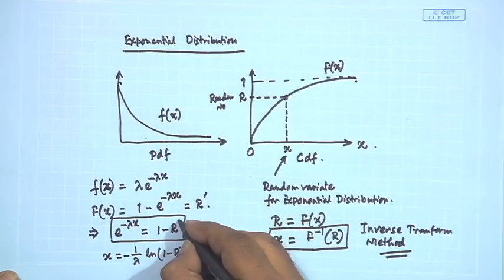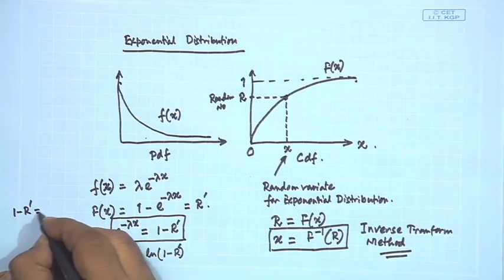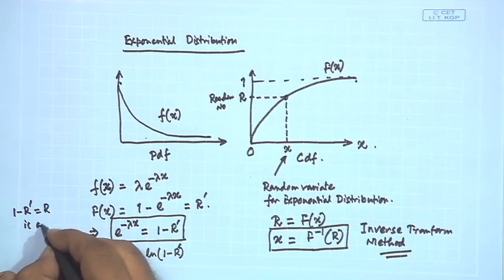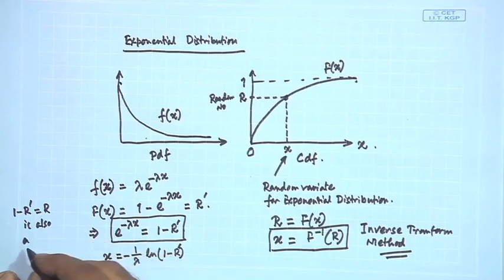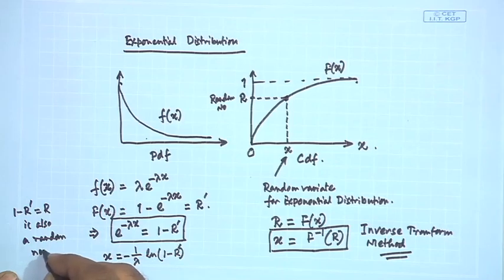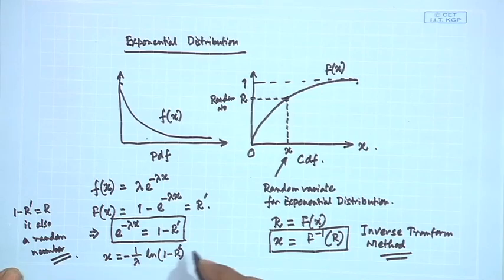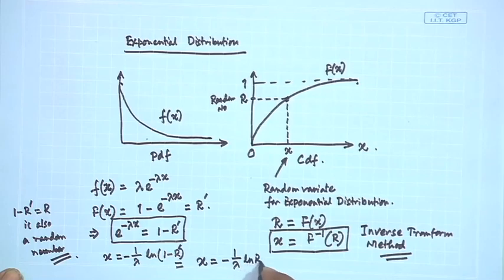We might call the original one r dash and 1 minus r dash equal to r, which is also a random number. So, using that fact, we can write the random variate x equal to minus 1 by lambda ln r.